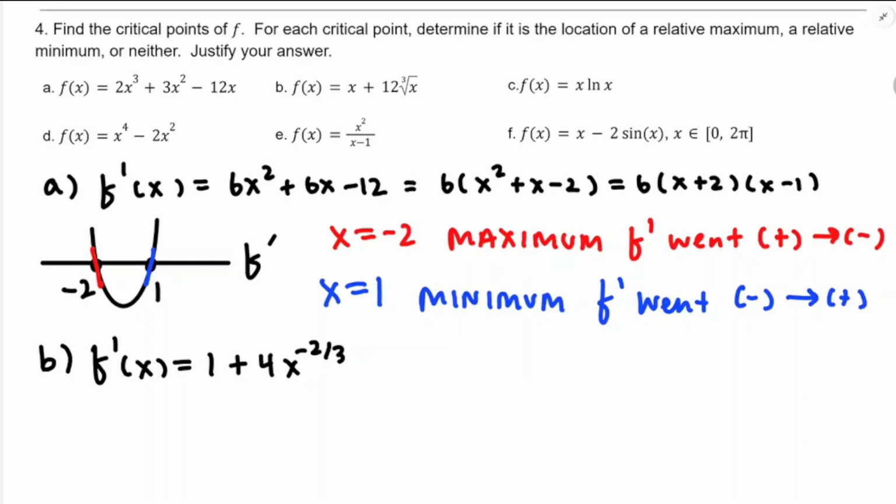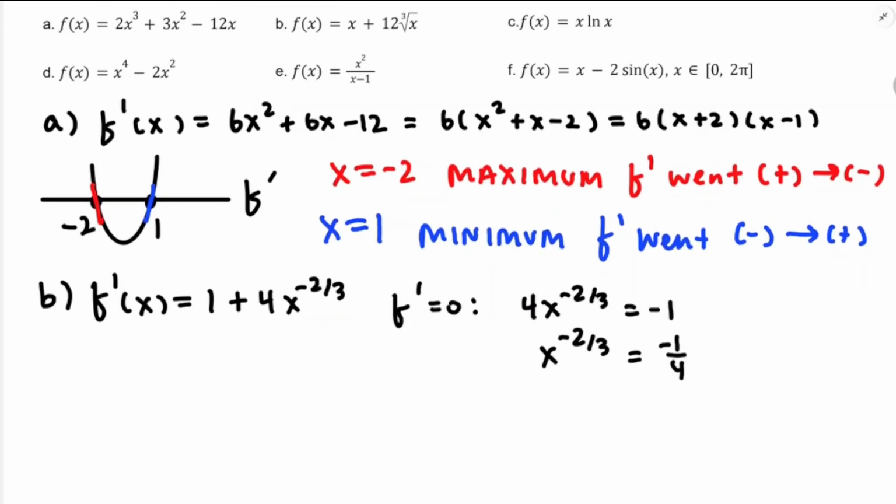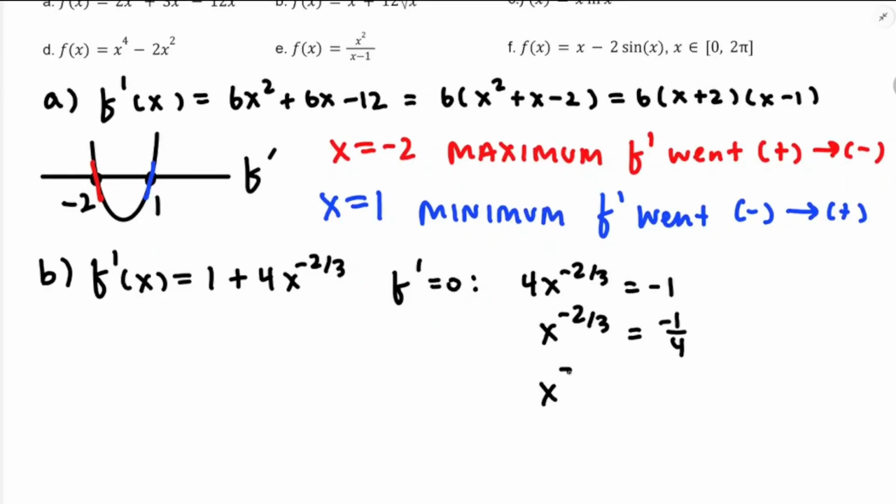F prime could equal 0, or f prime could be undefined, and both of those are going to be outcomes we need to be aware of. F prime could equal 0 if 4x to the negative 2/3 equaled negative 1. I could divide by 4. Okay, maybe I will say that means x to the positive 2/3 equals negative 4.